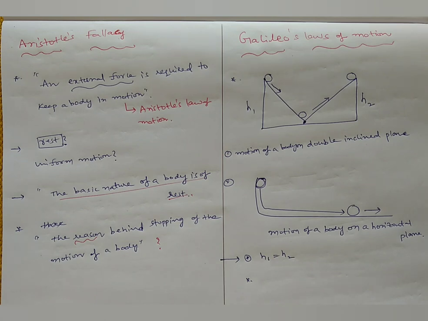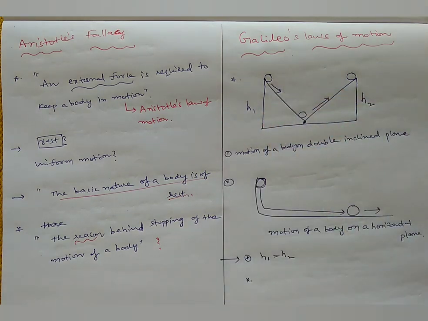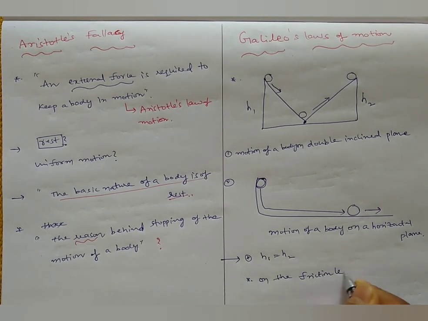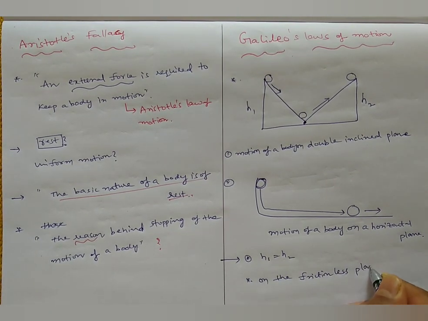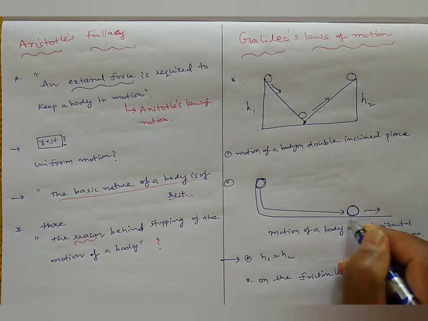suppose there is no friction, that means we take this plane as frictionless. Again, we will discuss the concept of friction in the next class. So on the frictionless plane, there is no friction between this object and this plane.